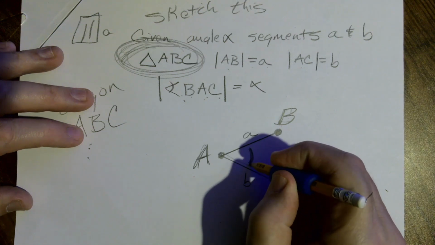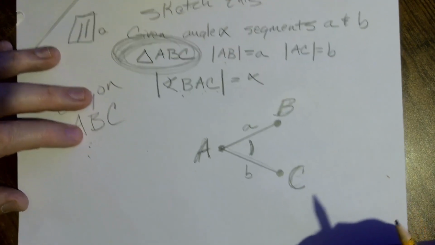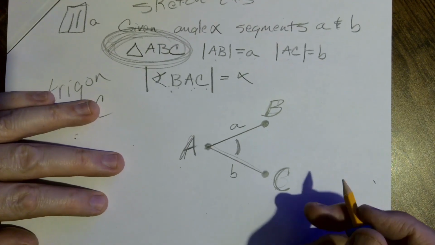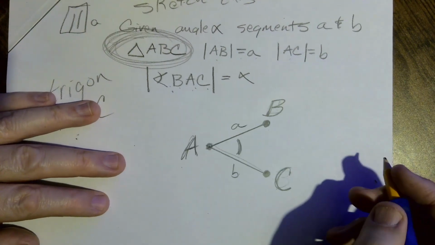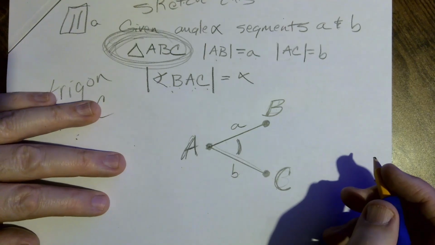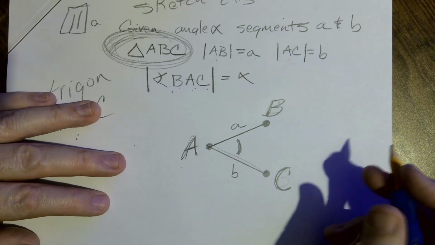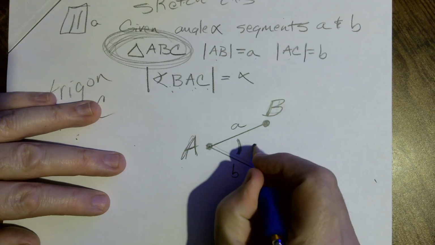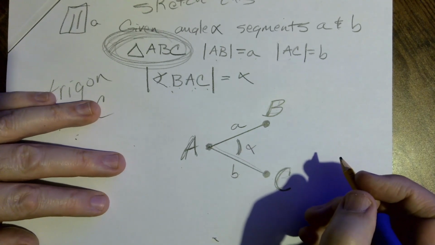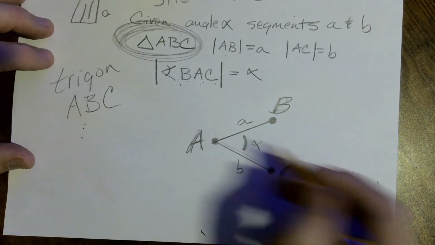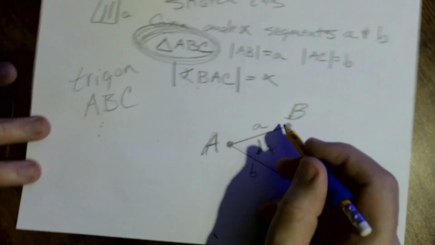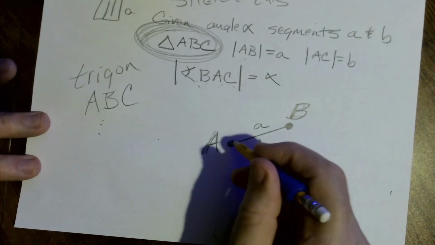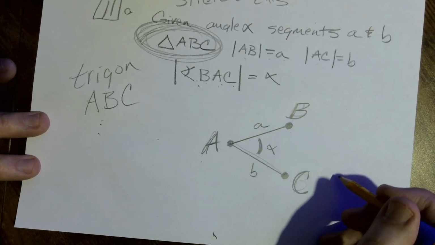It wants that angle to be equal to alpha, or to be the name alpha, I suppose if we're using the symbols from the puzzle book. So this would be alpha. And then for it to be a trigon, it needs 3 sides. So there's our angle. These 2 segments, A and B, whatever these measurements are.